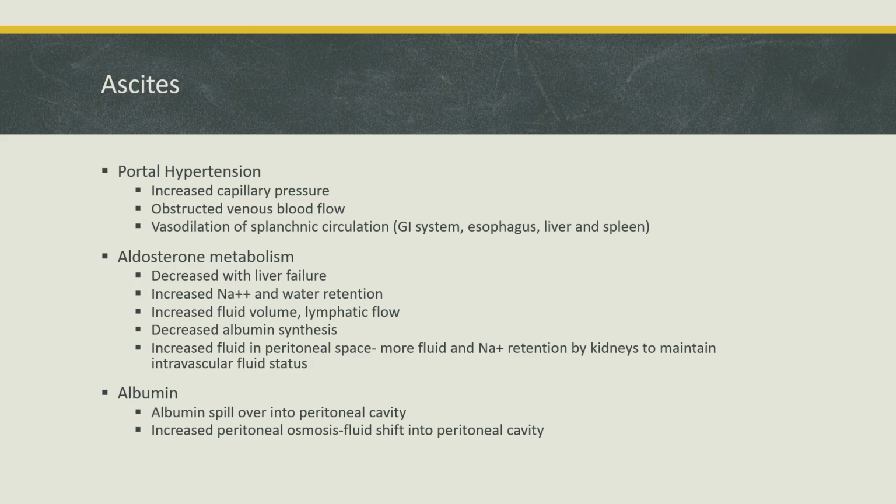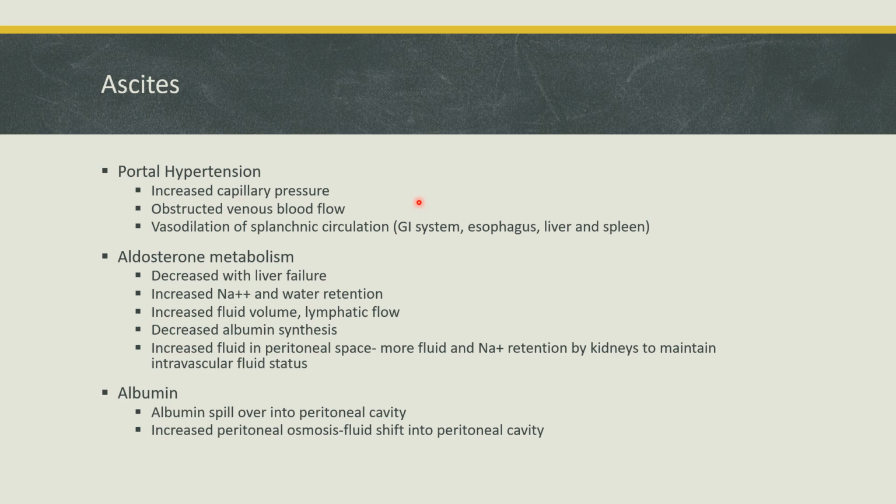So it's going to cause ascites because we have that increased capillary pressure, and so we're going to have some third spacing, and then vasodilation of that splanchnic circulation. So that just includes again the same portal system. It's going to change our aldosterone metabolism.